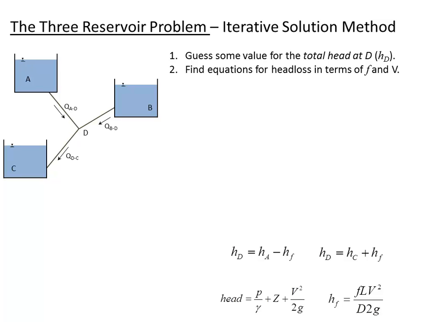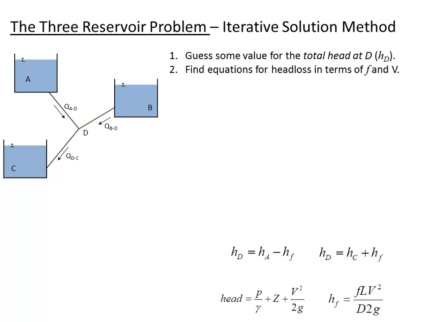Now, we're going to set up equations for head loss in terms of F and V. And so with this formula, if we wanted to find the head at D, we'd say the head at D is head at C, and head at C will be known because what will be given in a problem like this is the water surface elevations.